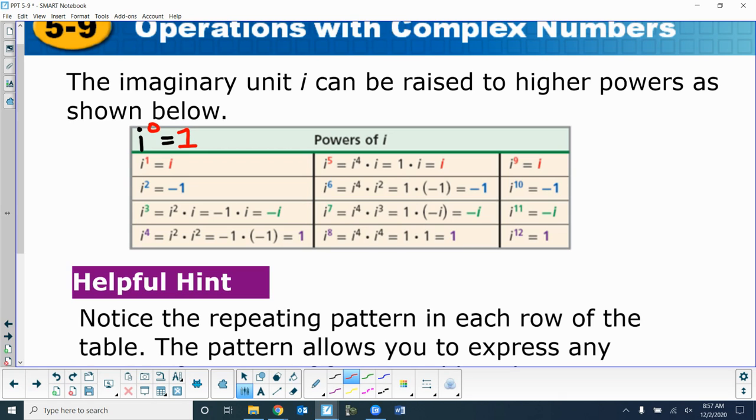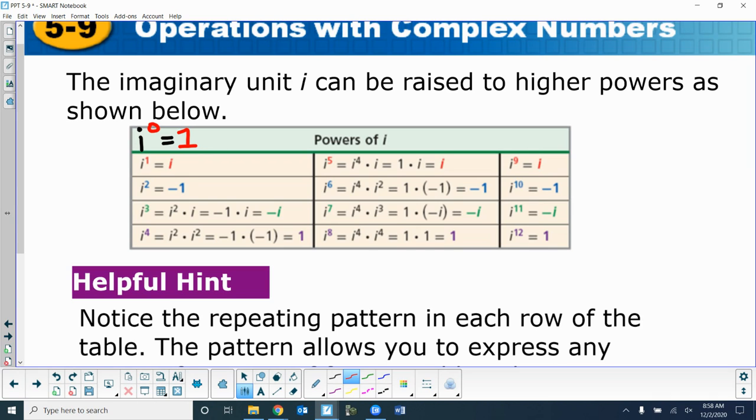Okay? So, look at the pattern. i to the 0 is 1. i to the first, anything to the first is itself, right? i.